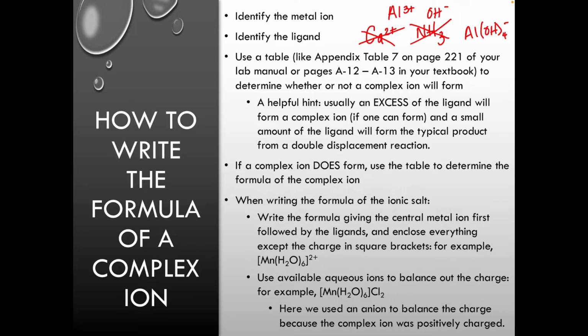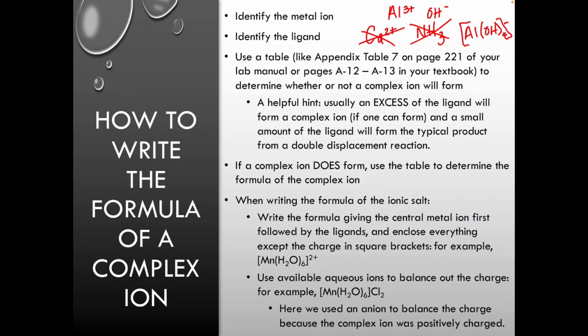And then if there is a complex ion that forms, you're going to use the table to figure out the formula of the complex ion. I'm not going to have you memorize any formulas of complex ions at this point. You're always going to have tables to help you out there. And then when you're writing the formula of the ionic salt in the overall reaction, you're always going to have the formula of your central metal ion and then your ligands, and then you're going to put everything in square brackets except for the charge. Sorry, I've left them off up here.